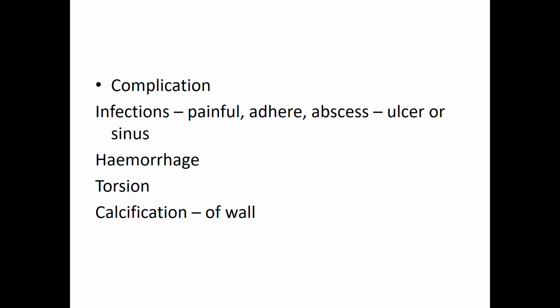So just to quickly summarize, a cyst is a soft, fluctuant swelling that contains fluid and is lined by epithelium or endothelium, and it can be classified as true cyst and false cyst. A true cyst has endothelium or epithelium, and the false cyst does not have this kind of lining. The false cyst is further divided into exudation and degeneration cysts.